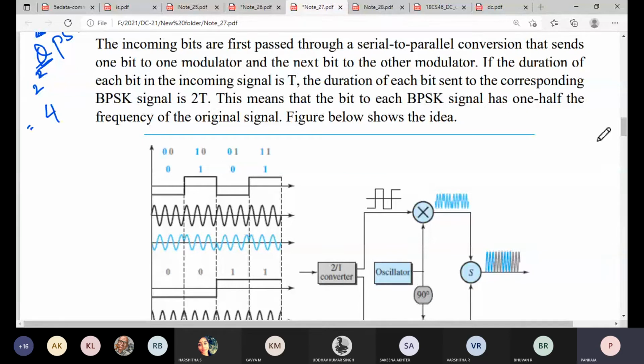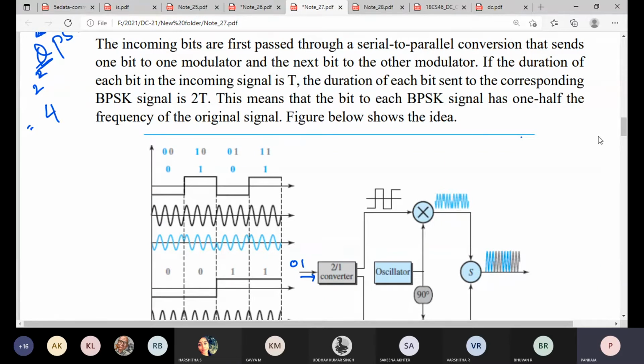By now everybody knows the different transmission modes: bits can be sent serially or in parallel. Here the incoming data is serial, so it should be converted into parallel.